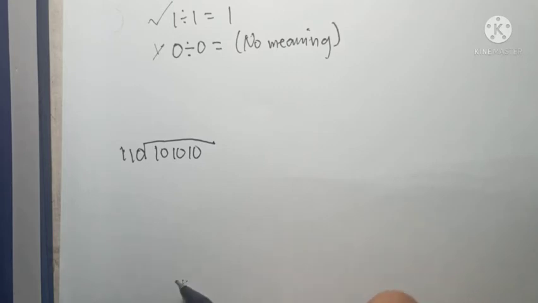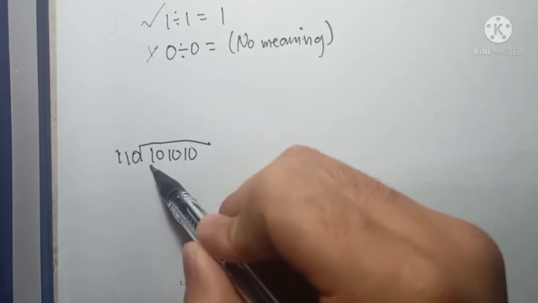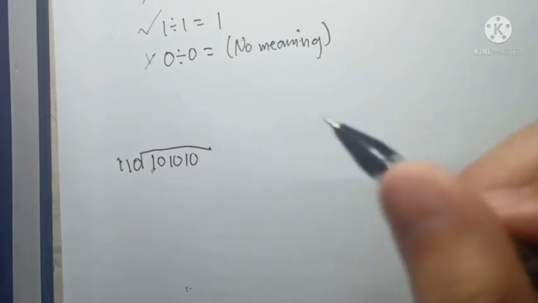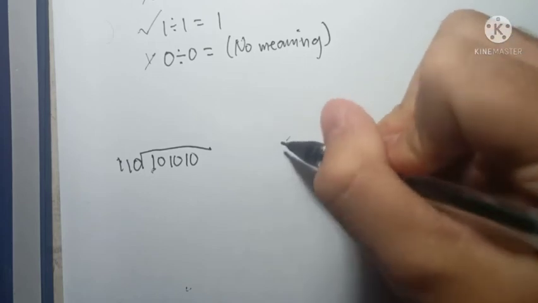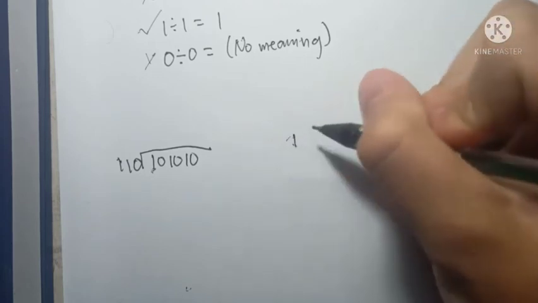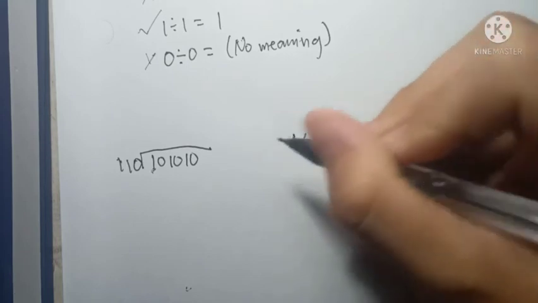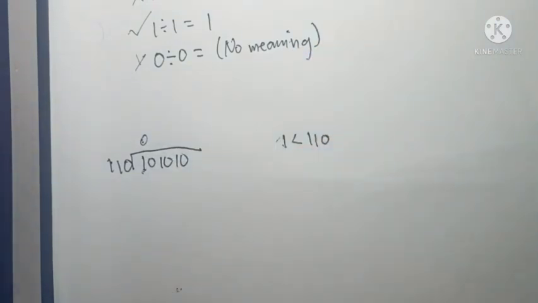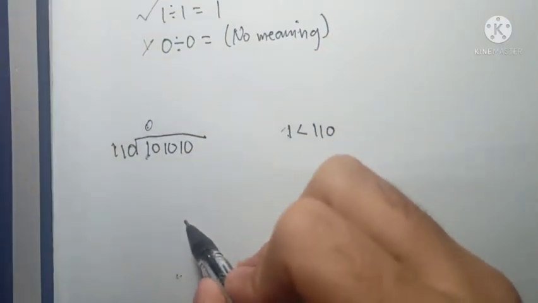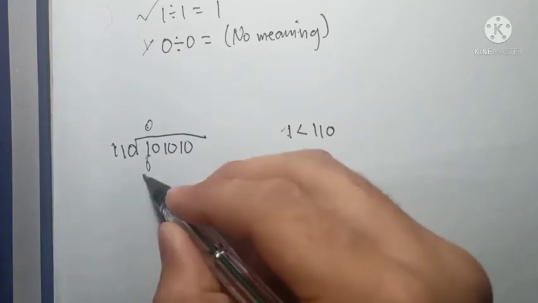We will start the division from the leftmost bit, the most significant bit, which is this one, the bit 1. 1 is less than 110, so we will have the quotient as 0. 0 times 110 equals 0.